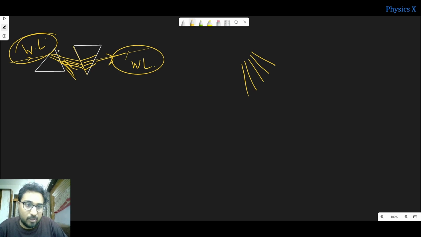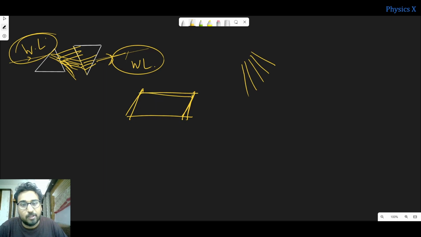This is actually nothing but a glass slab. If you join these two, it is nothing but this, a glass slab. You know that in a glass slab, the opposite surfaces are parallel to each other. When they are parallel, whatever refraction is done by the first surface is reversed. The angle of incidence and the angle of emergence will be the same for all of the colors, so it appears as white light only.